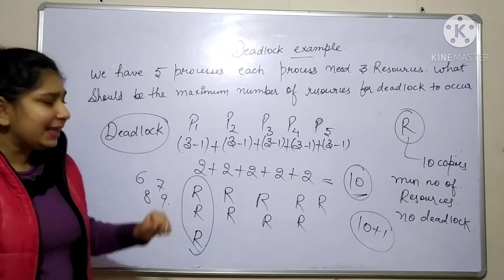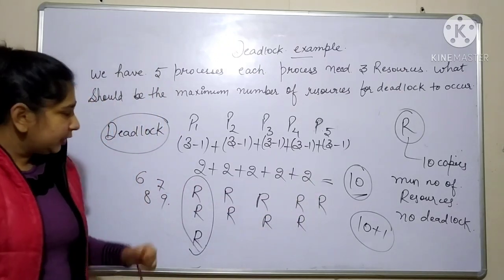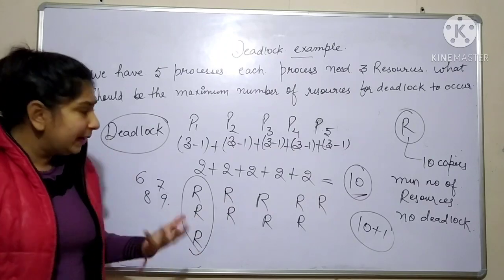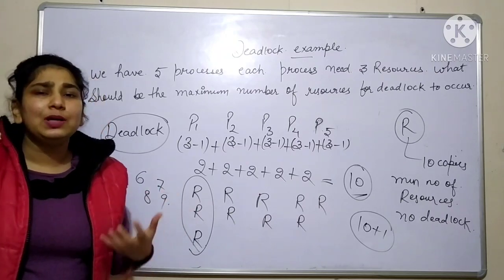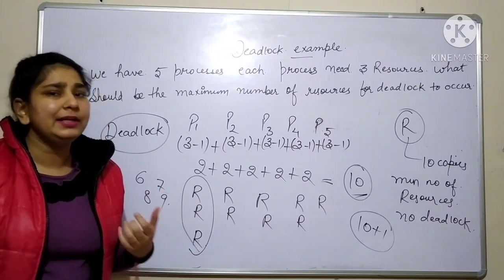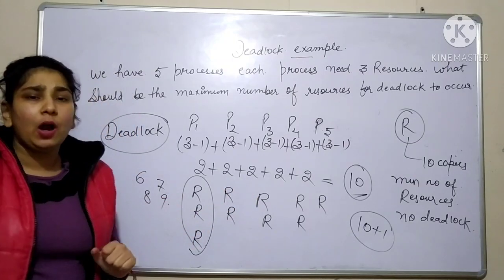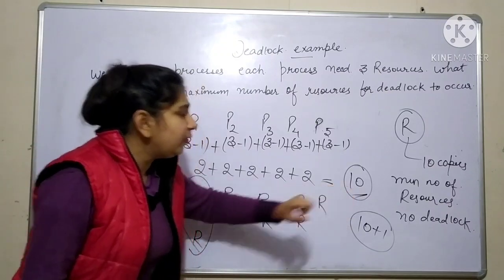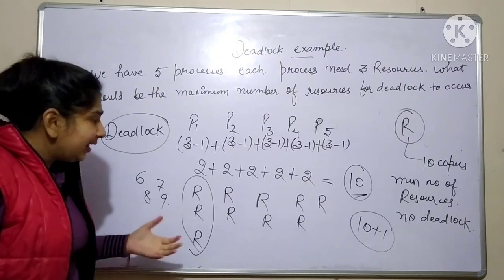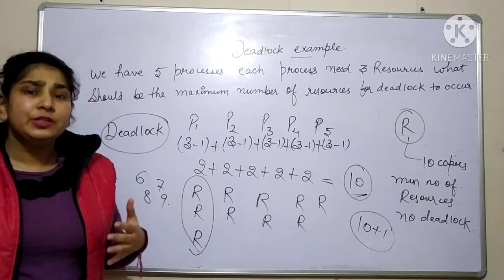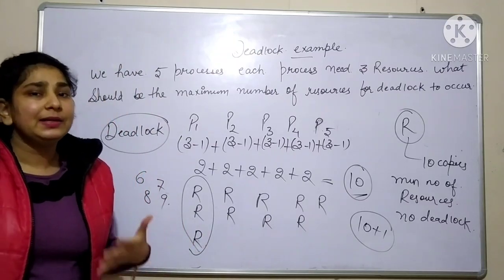If you are assigning resources to all of your processes like this, you can avoid the deadlock. But we are just trying to assume each and every possible condition. This is one possibility that you might not get deadlock with 10 resources, but you are not always sure. There is definitely a little bit of chance that with the help of 10 resources, you might get deadlock.